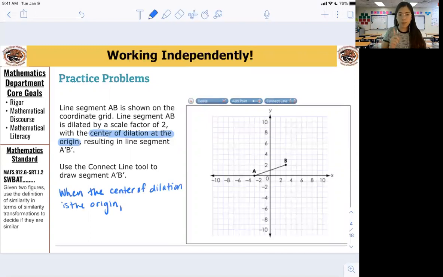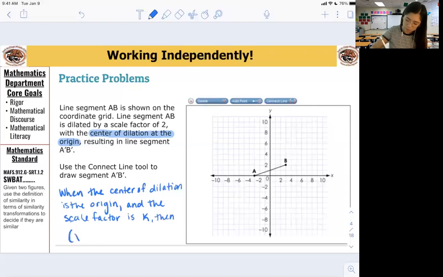This only works if the center of dilation is the origin and the scale factor is k, whatever k is, then (x, y) becomes (kx, ky). So go ahead and write that down.